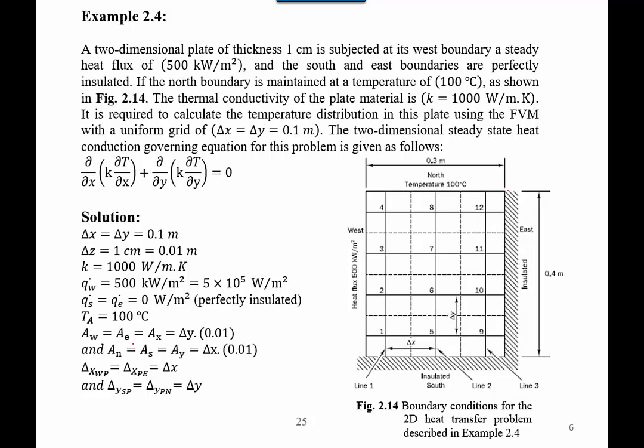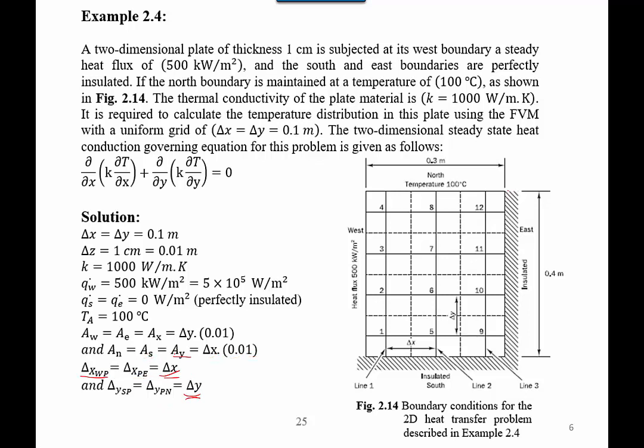The area at east and west equals the area at x section, equal to delta y multiplied by 0.01 meter, and the area at north and south equals the area at y section, equal to delta x multiplied by the same depth 0.01 meter. Delta x WP equals delta x PE equals delta x, and the same goes for delta y.